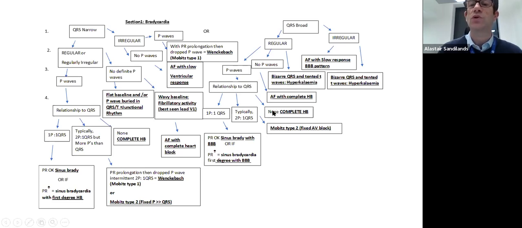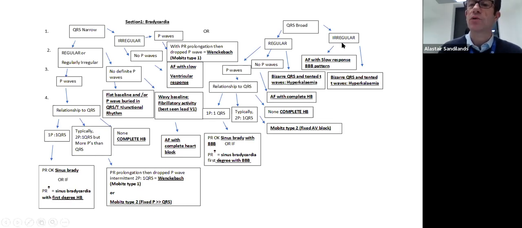If your rhythm is broad, regular, with no P waves, then you have AF with complete heart block. In particular, between every QRS you will have a fibrillatory wavy baseline, signifying atrial fibrillation in the atrium, best seen in lead V1.